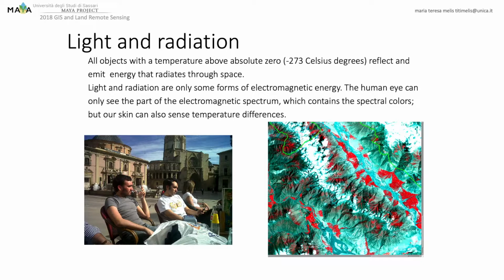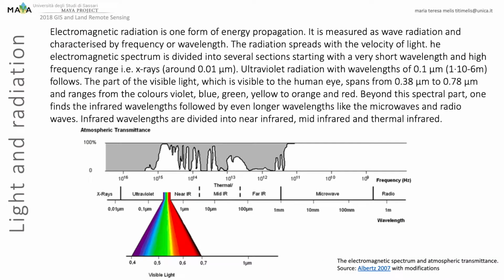In this image you see that the vegetation is in red. This is a false color composition, and this radiation is reflected from vegetation. We don't see this kind of radiation with our eyes. So it's very important to analyze the electromagnetic spectrum.